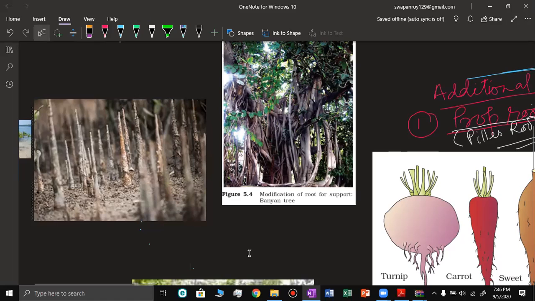So they come out, and these are for respiration or gaseous exchange.